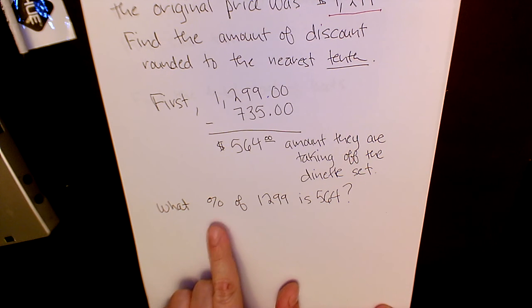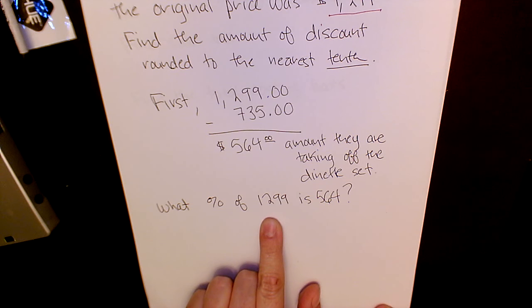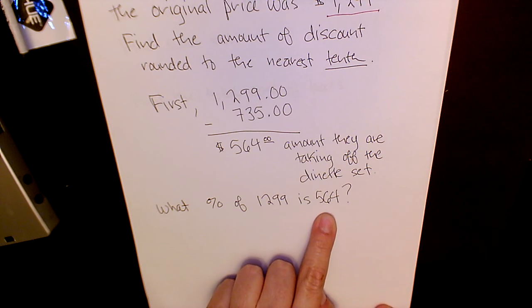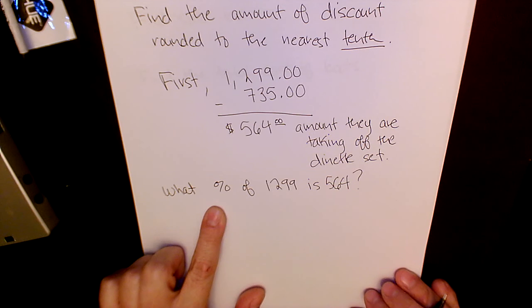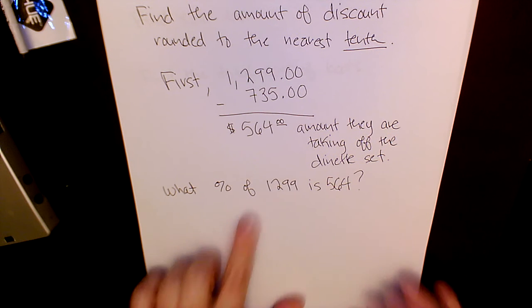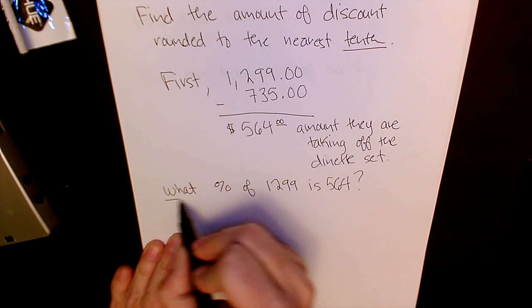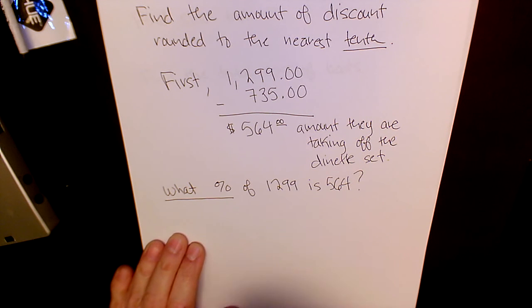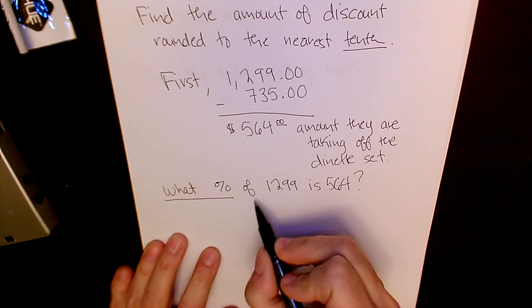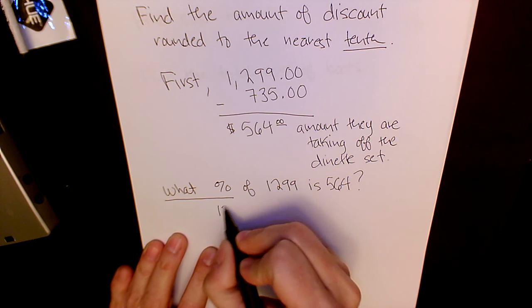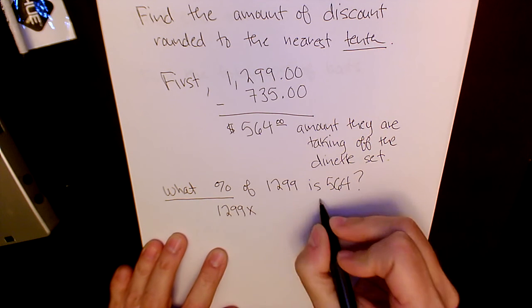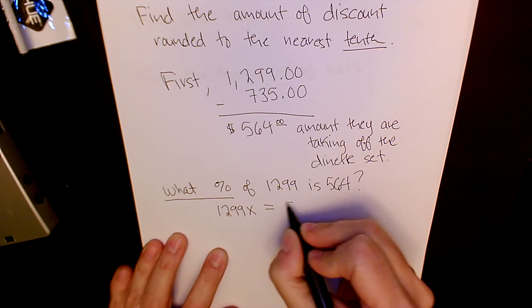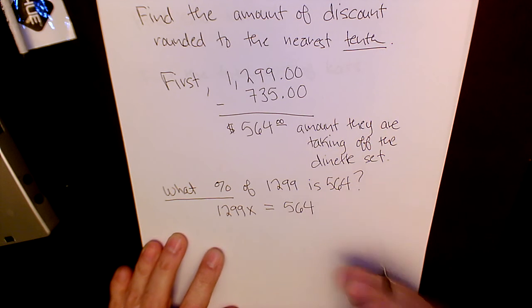So what percent of $1,299 is $564? I don't know the percentage, so I'm going to let that be X. Of is times, so 1299 times X equals 564.